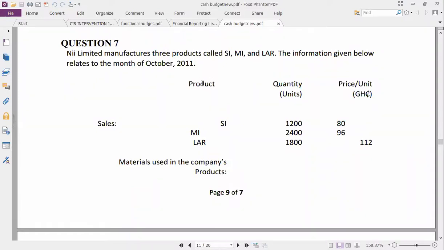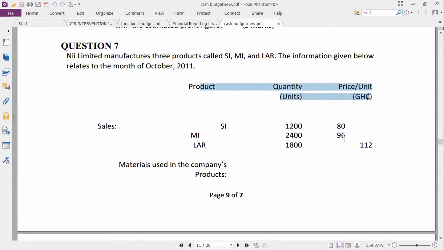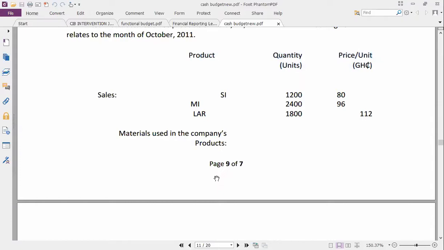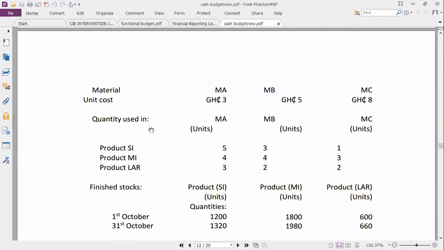This is the budgeted units. This is the selling price, 18, 96 and then 104. The materials used in the company's products are material MA, material MB, and material MC. So A, B, C. Good.